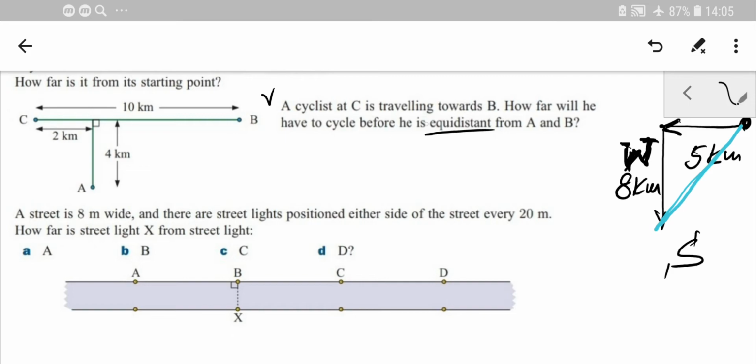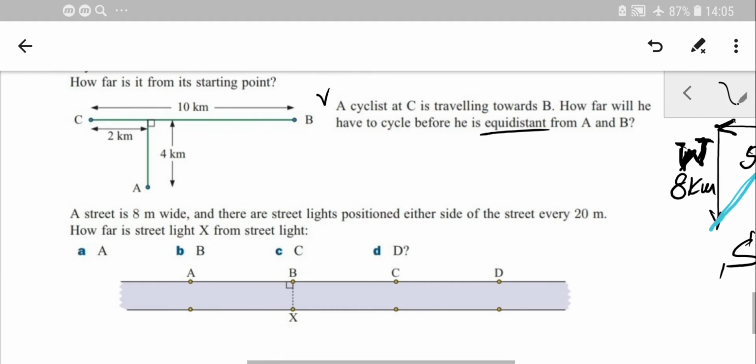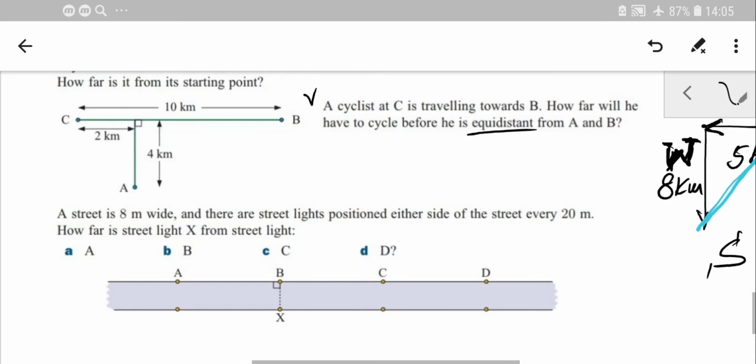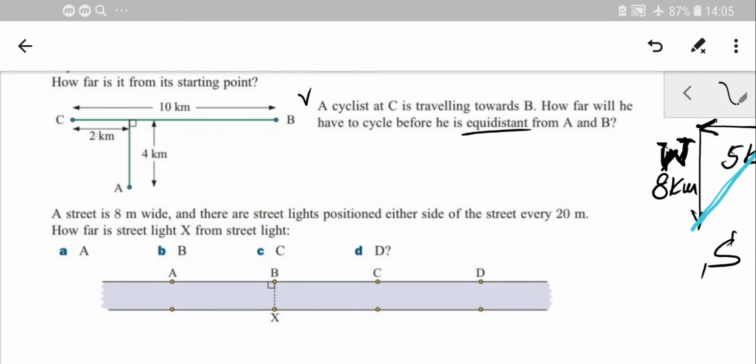Okay, so let's see, the cyclist 2 kilometers here, so 4 here, 10 here towards B. So he's traveling here. All right, so I guess this is the point when the distance to B and to A will be the same.